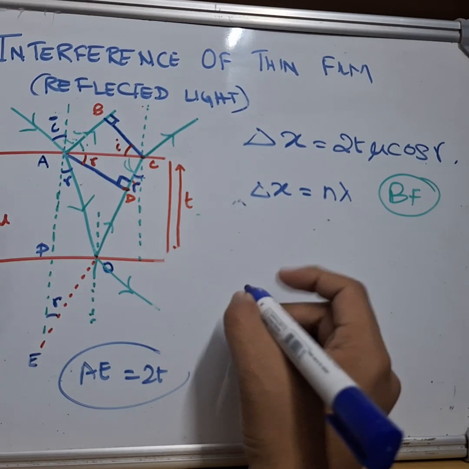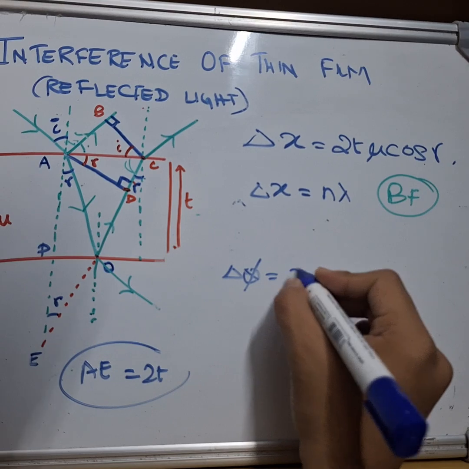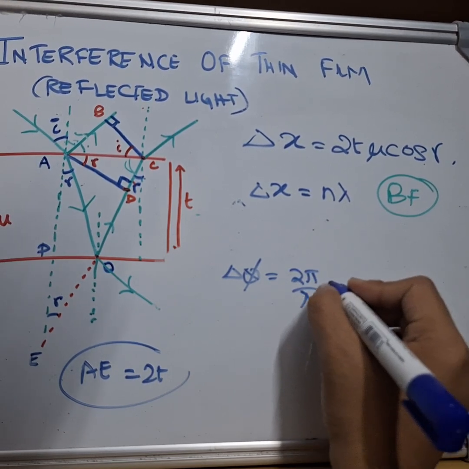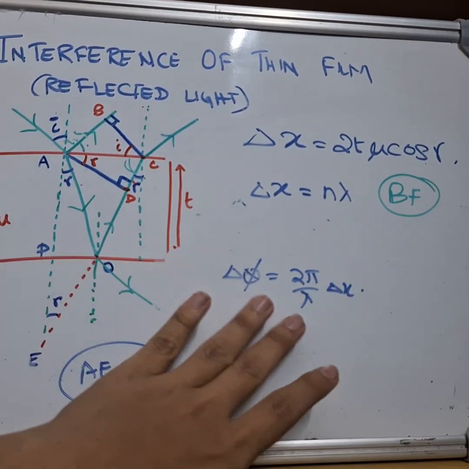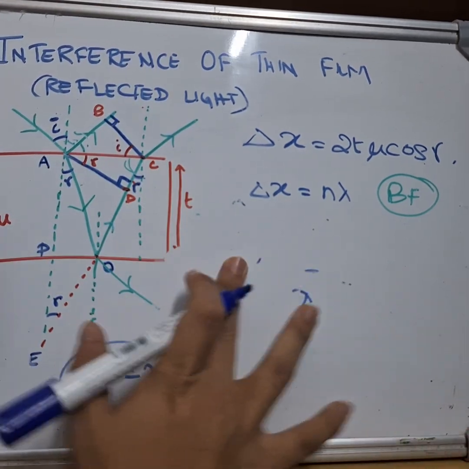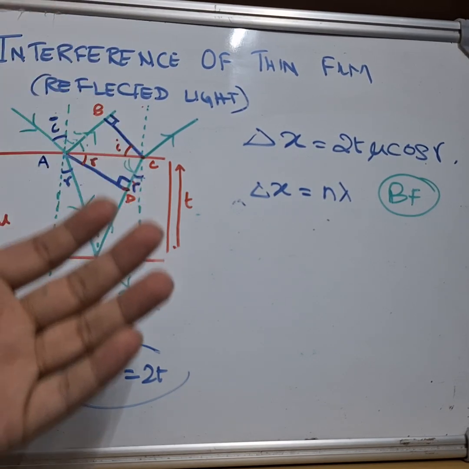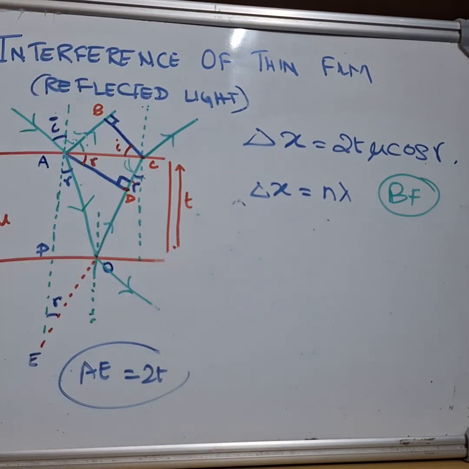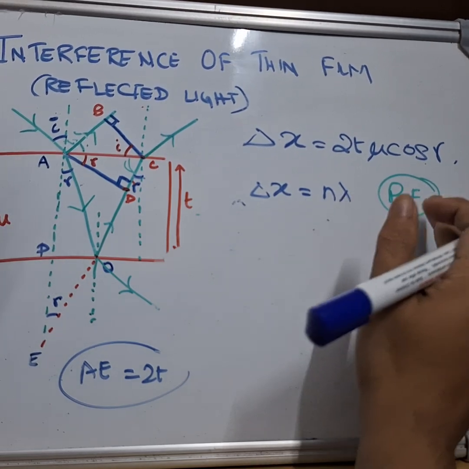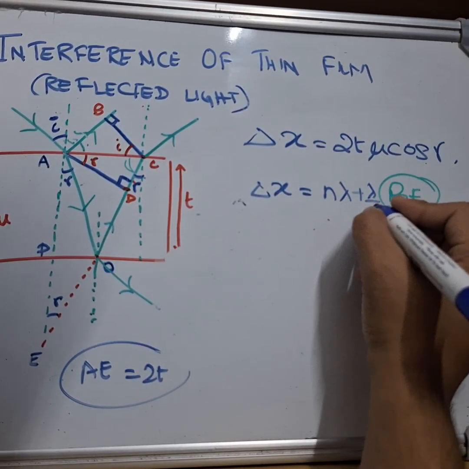What does this mean? We also know that del phi equals 2 pi by lambda del x, right? If you put pi over here for del phi, you will see that del x comes to be lambda by 2. So the path difference changes by lambda by 2 when it is reflected. So for bright fringe, the corrected version becomes lambda by 2.